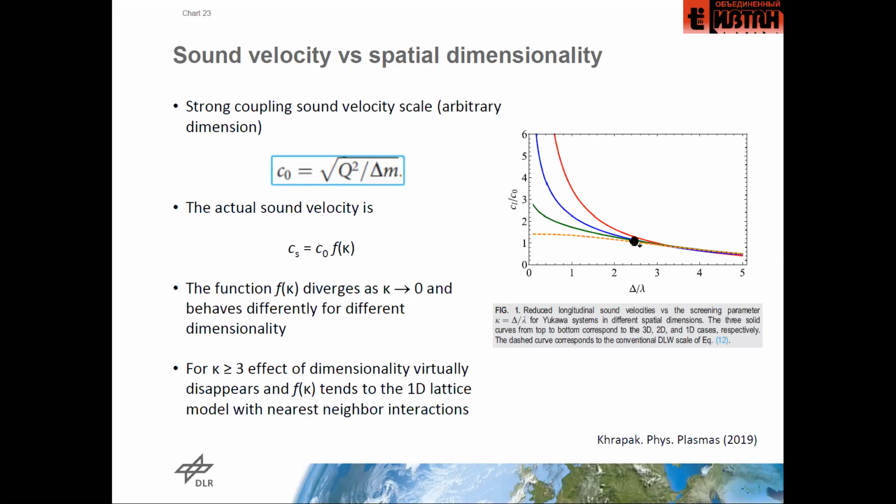This is an interesting observation: for sufficiently strong screening, that is, for a sufficiently steep potential, the dimensionality doesn't play a role anymore, and the sound velocity, properly normalized of course, is essentially the same for different dimensionalities.